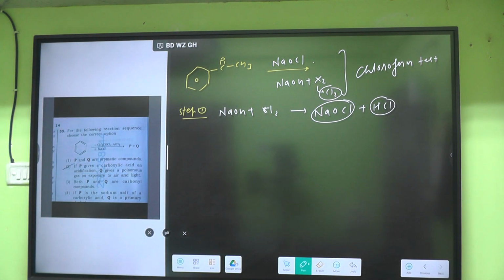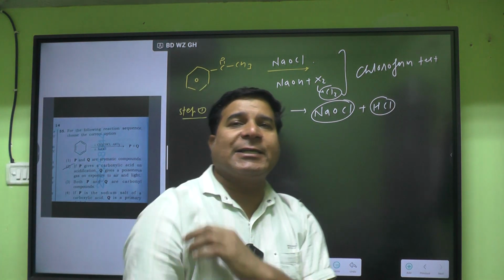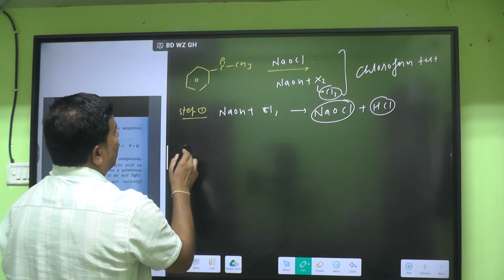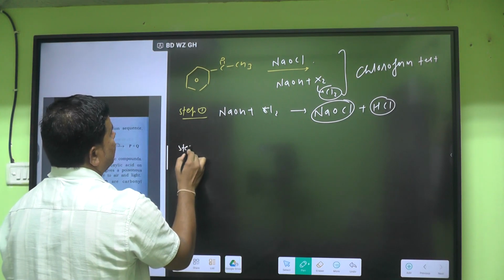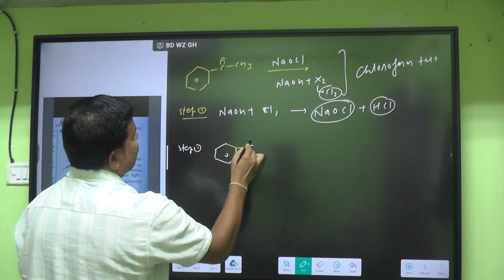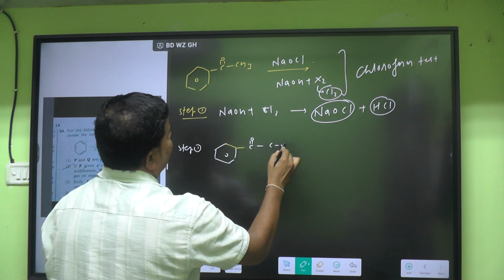So now here is the chloroform test. Understood? What is the test here? The chloroform test. Okay. So remember how the chloroform reaction forms. Step first. Now CH3 is given, with 3 hydrogens present.